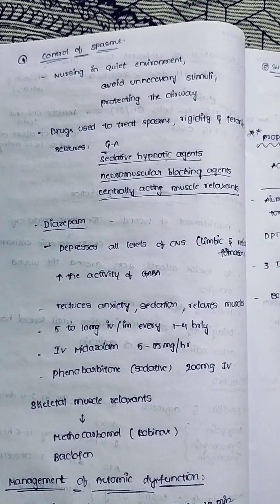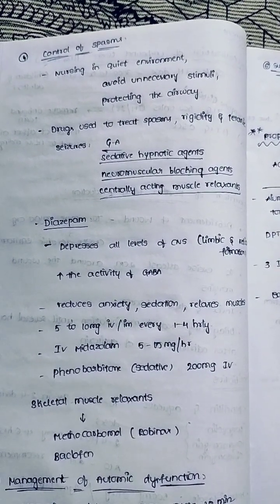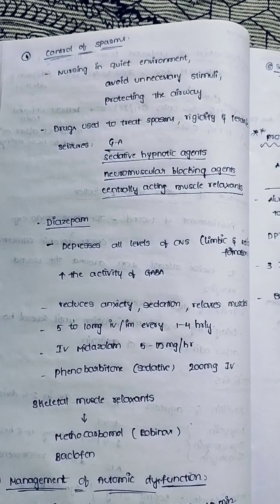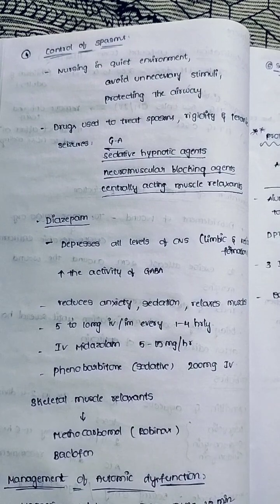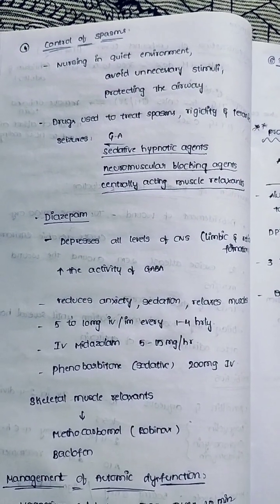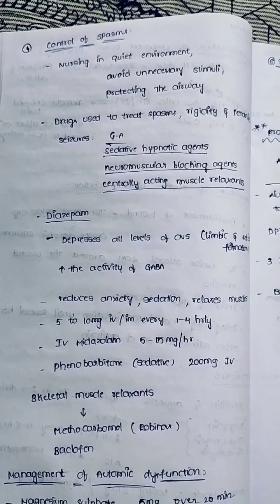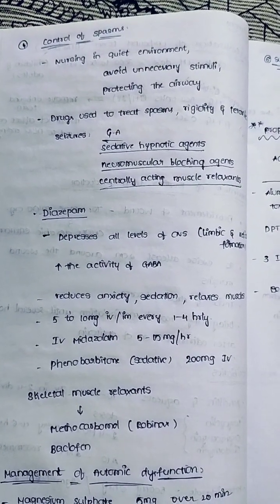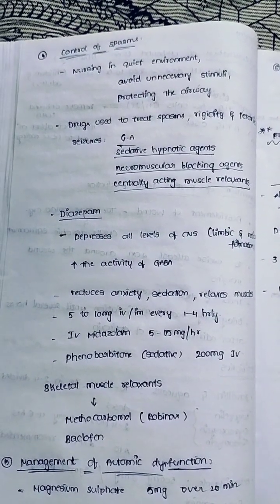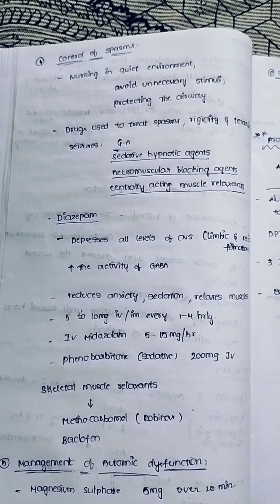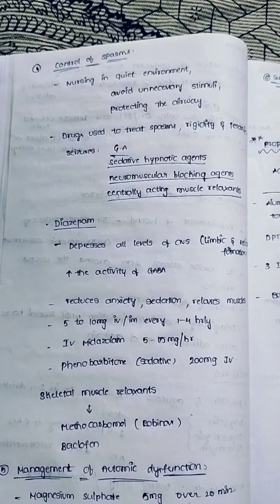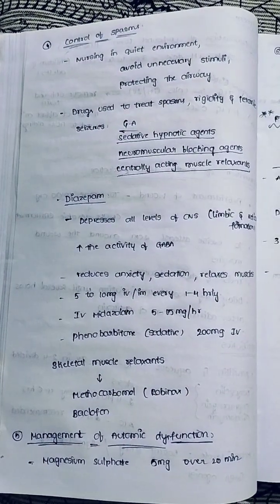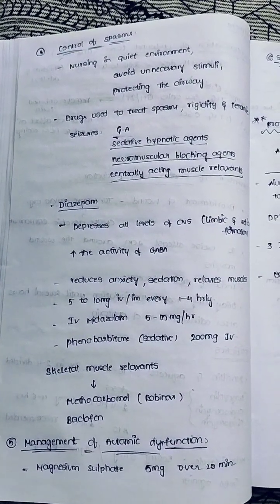Drugs used to treat spasms and rigidity include diazepam, which depresses all levels of the central nervous system by increasing the activity of GABA, and reduces anxiety, causes sedation, and relaxes the muscles. IV midazolam is also used, and phenobarbital, a sedative, about 200 mg intravenously, and skeletal muscle relaxants like baclofen and methocarbamol.